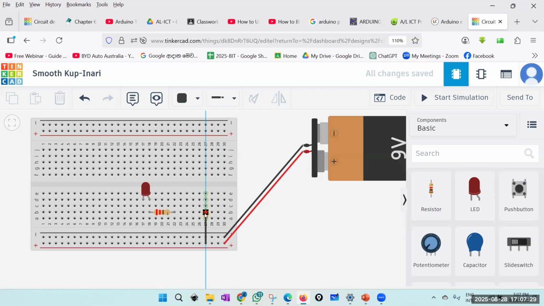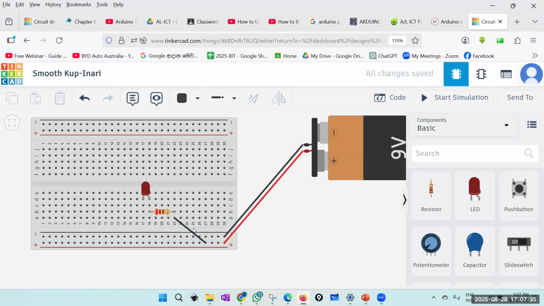And then I need to give it to this one. I will mark it red also. Now what happens? The electricity goes like this. Let me open my pen.